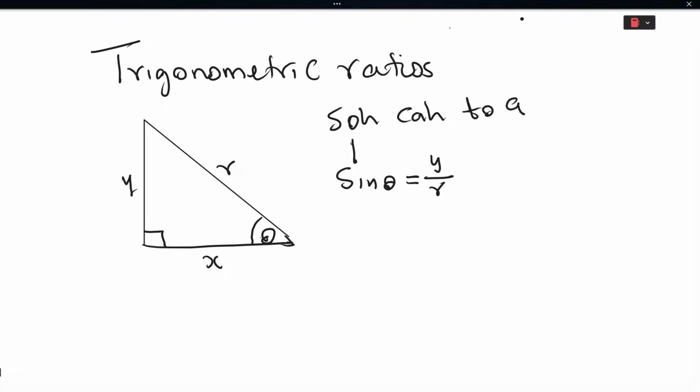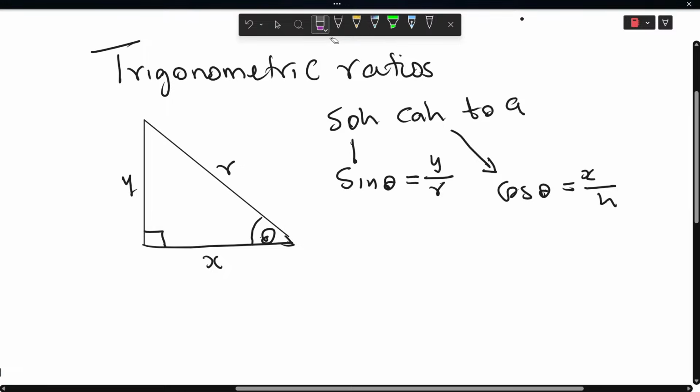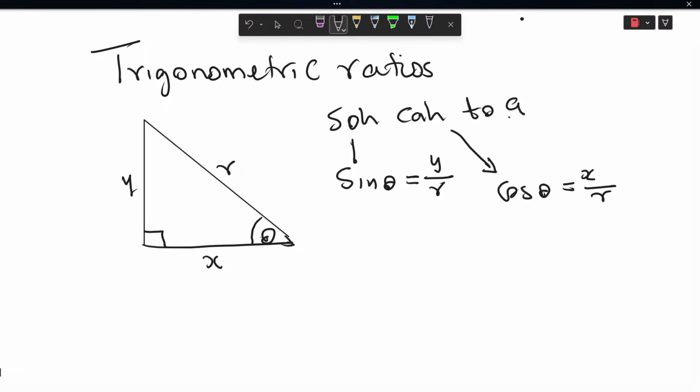Cos theta is adjacent over hypotenuse, which is r. And then the last part, tan theta is equal to y over x.